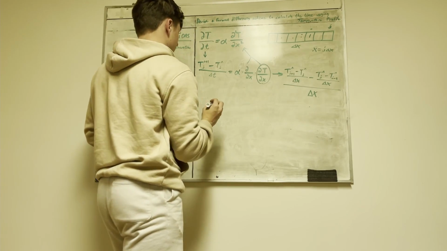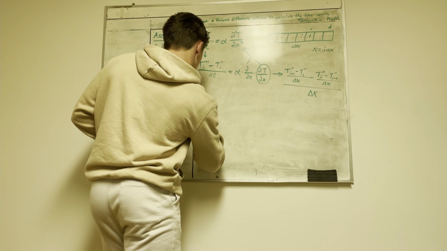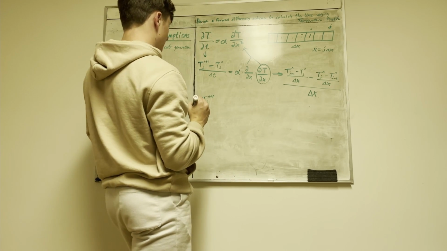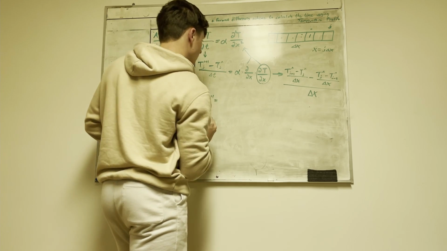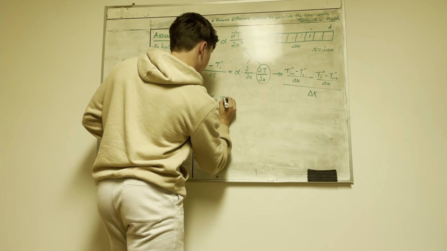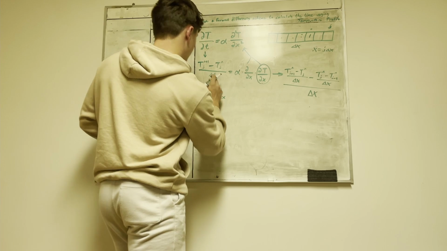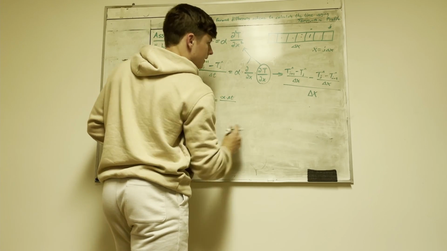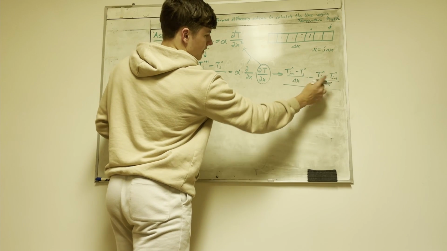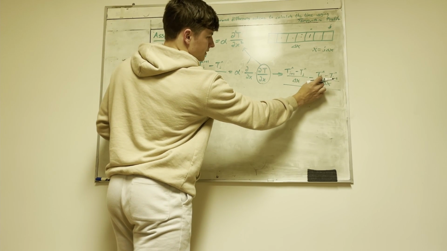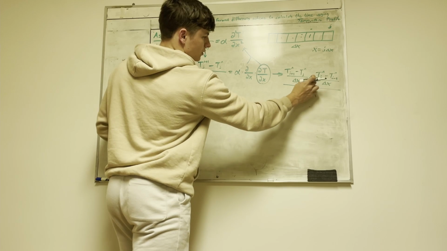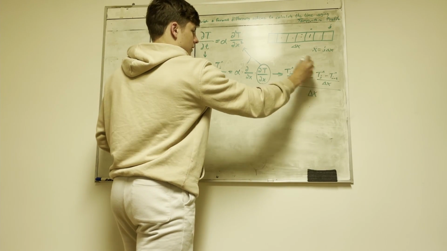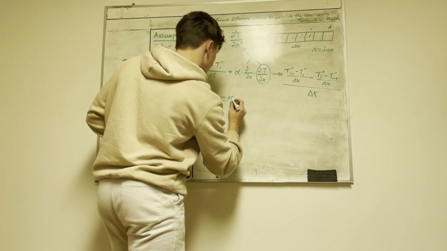So we can have our T n plus 1 j equal to alpha, and then we move the delta t over, delta t. These have denominators that are the same, so this will just become delta x squared, and we pull that out of this term here.